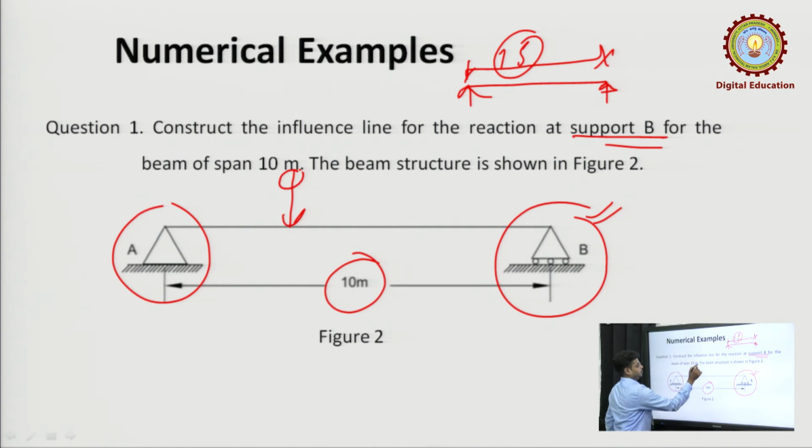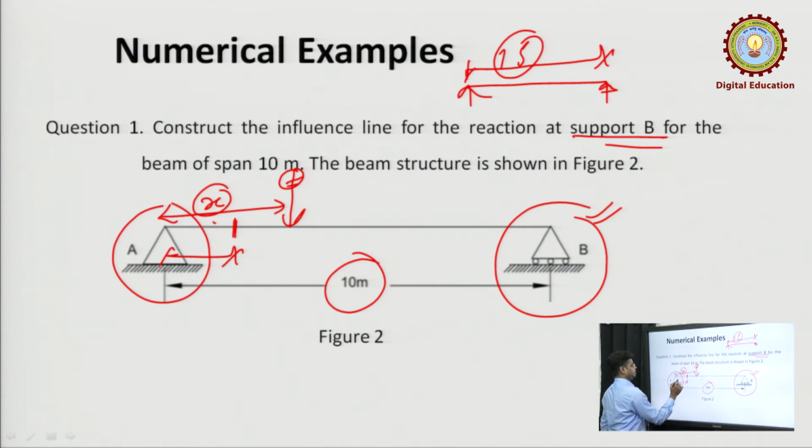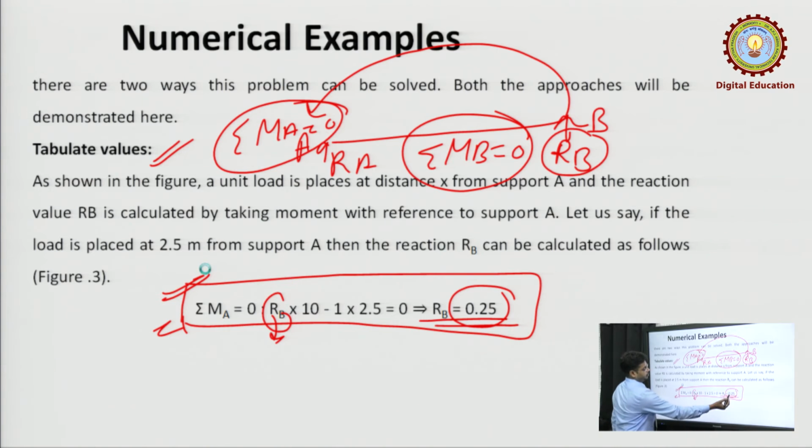This is the assumed value, not a proper value, because the unit load is 1 at x. For example, this unit load is fixed here, and this value is 0.25. Then after that we can find the value of RB.